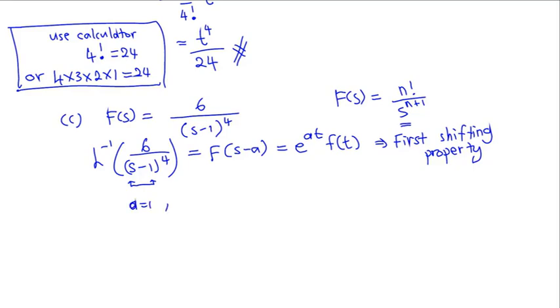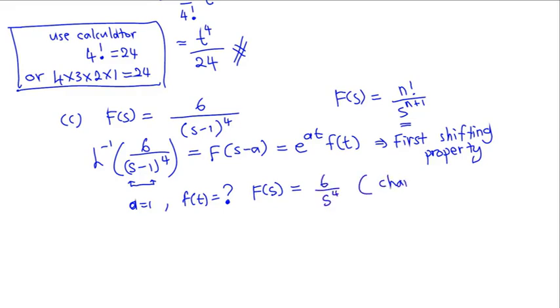And then we have to get what is f(t). So f(t) comes from F(s), so F(s) is 6 divided by s power of 4.